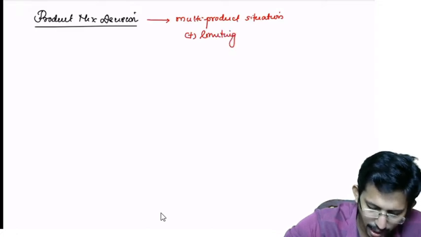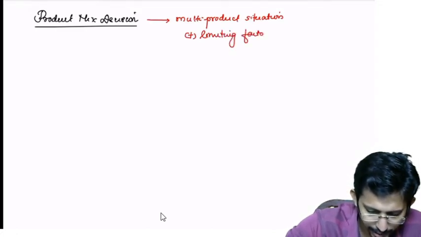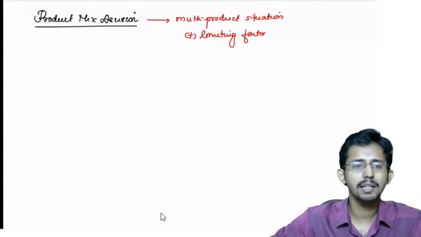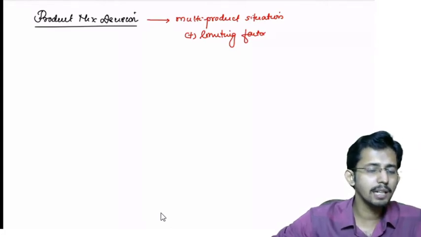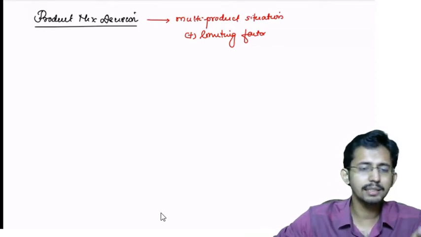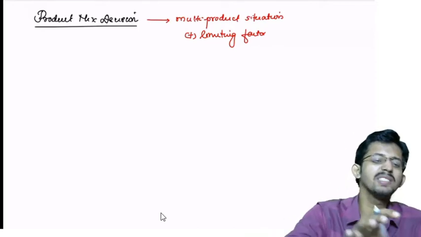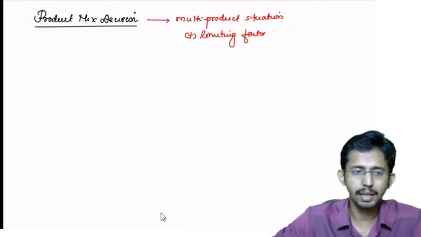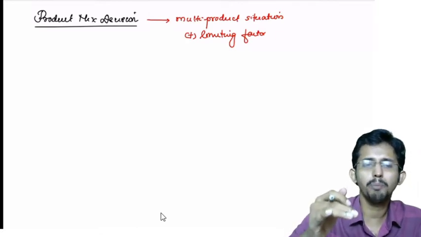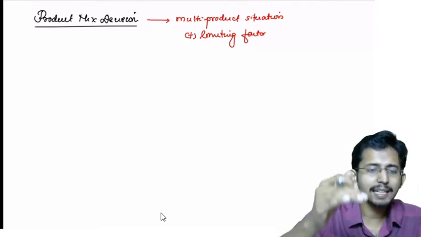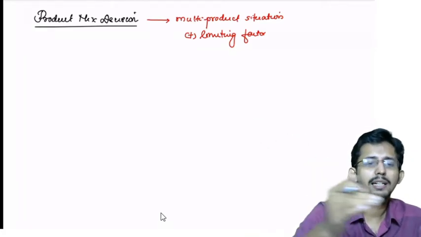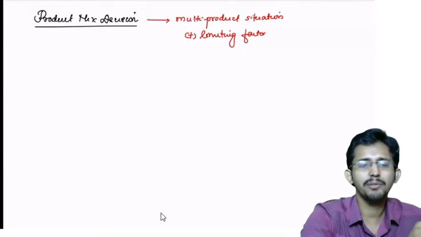In the previous lecture, we have already seen what you mean by limiting factor. A limiting factor is any factor of production which limits the production of the products to the maximum required quantity. Limiting the production means we are constrained to stop the production at a level which is below the maximum level required due to the lack or shortage of any particular factor.